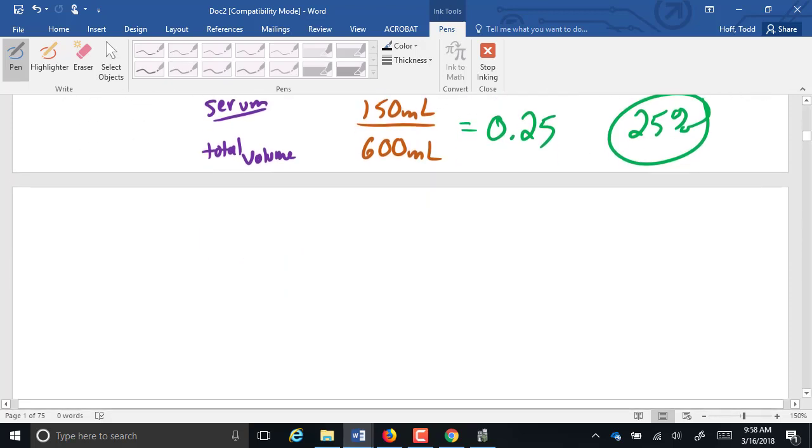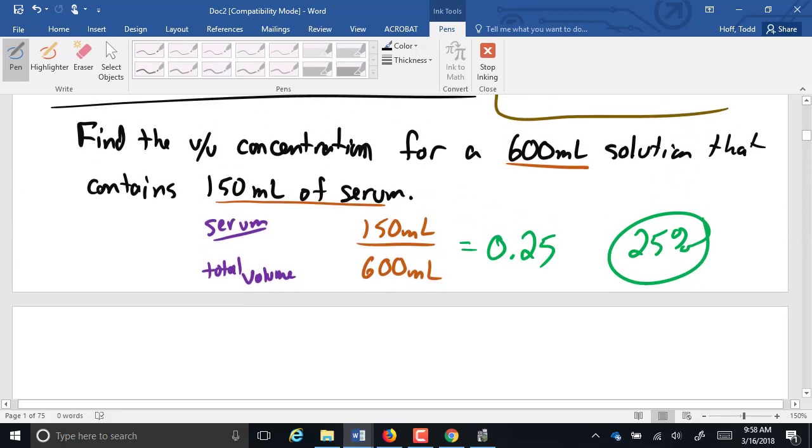Okay, next. Yeah, if they're asking for a concentration, they're generally asking for it to be a percent.